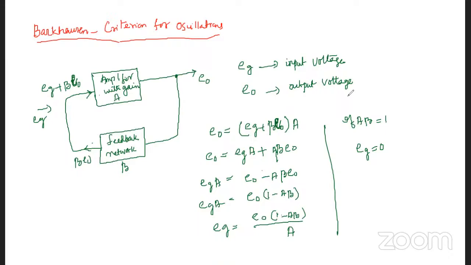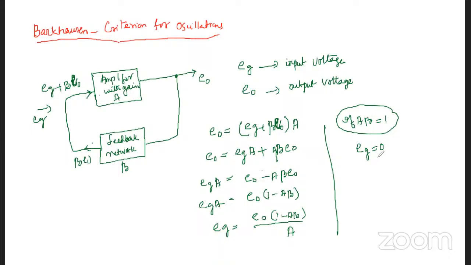So EG equal to 0 means an output voltage is obtained without any input signal. If A beta is equal to 1, then EG becomes 0 from this equation, so the amplifier functions as an oscillator.